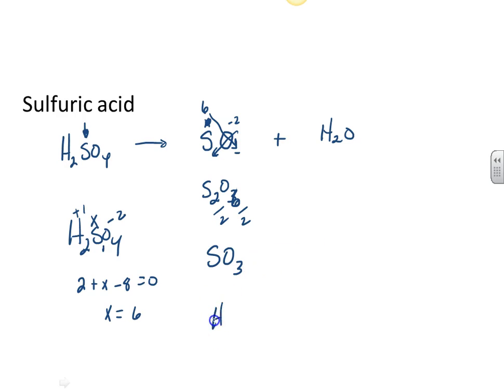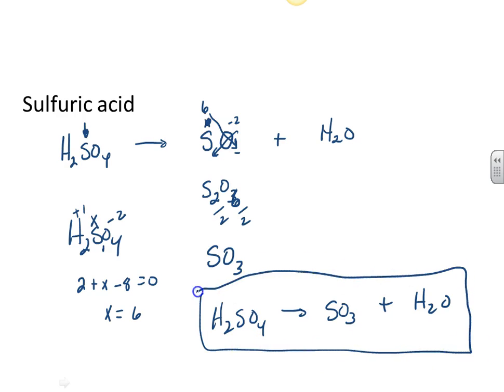So we have H2SO4 decomposes to SO3 plus H2O. And you can see with this that it makes sense if we pull a water out of this. It doesn't always work out this way, but it does with this particular one. If we pull a water away from this, take 2 hydrogens and 1 oxygen, that leaves an SO3 behind. That's the final answer.